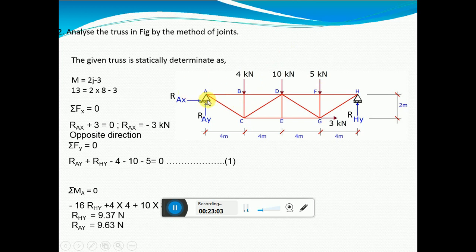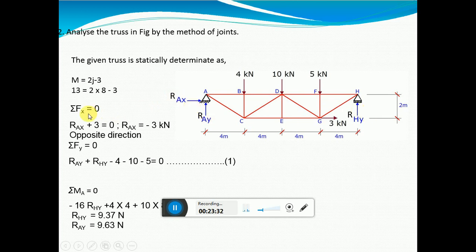You can apply the conditions of equilibrium and solve for this. There is a hinged support here and a roller support here. For a hinged support, you have two reactions developing, RAX and RAY. For a roller support, only one reaction in the vertical direction, RHY. Now for the entire figure, apply the conditions of equilibrium and find these unknown reactions.